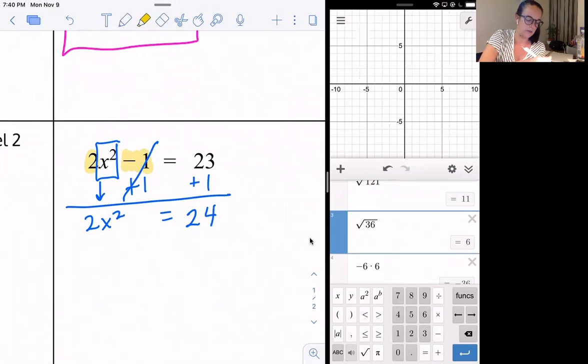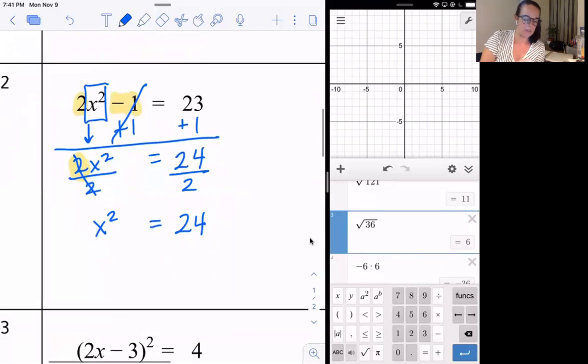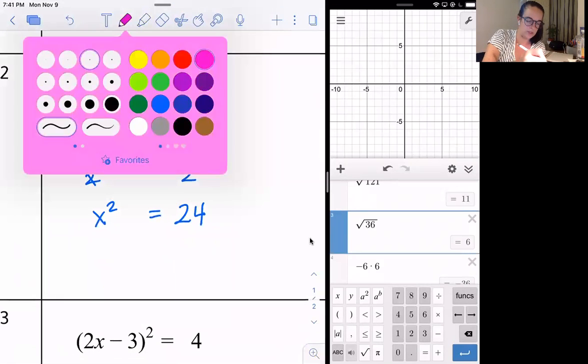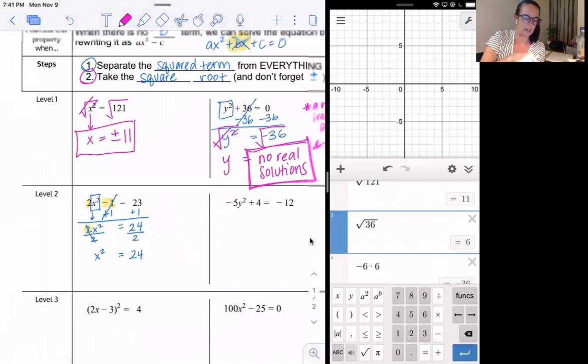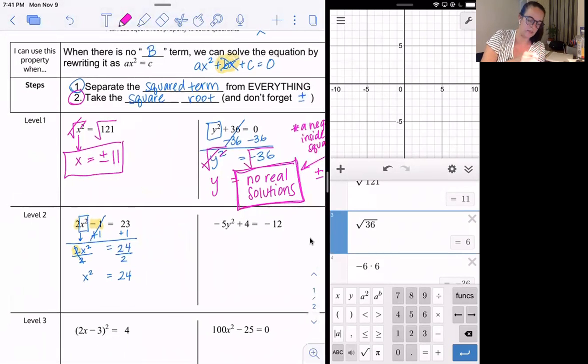All right, from there, I want to get rid of the times 2 that's in front here. So I'm going to go ahead and divide by 2. And I get x squared equals 12. I want to take the square root of both sides. That's my second step because I got the squared term by itself.